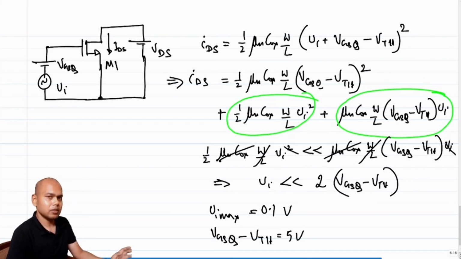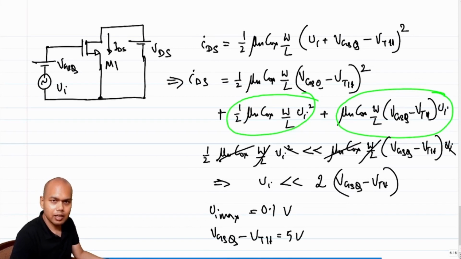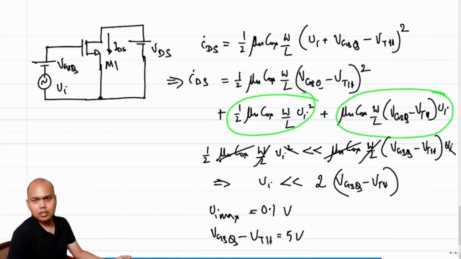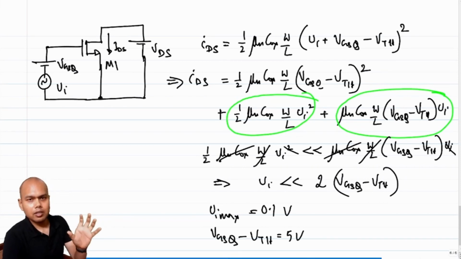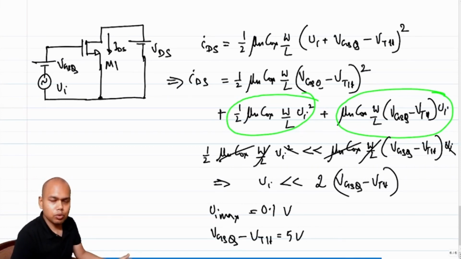We had done this limit calculation in case of a diode, which turned out to be twice the thermal voltage, and we did the same thing here. And what did we find? We found that as far as the IDS versus VGS characteristics is concerned, the small signal approximation holds good as long as the applied incremental gate to source voltage, right?